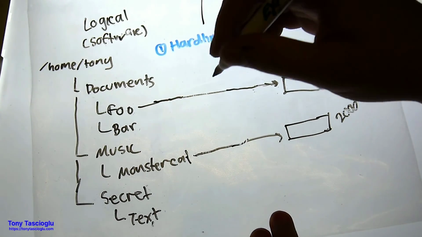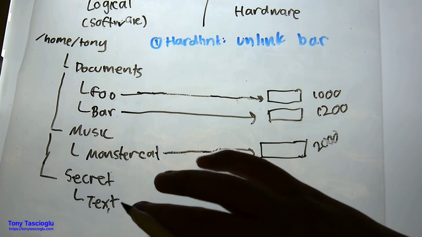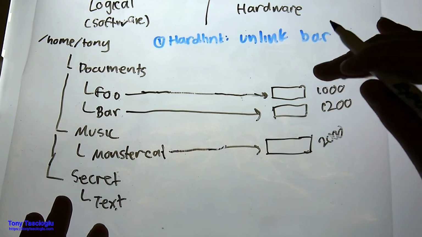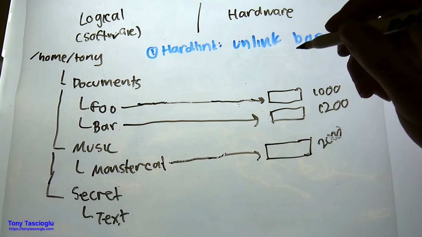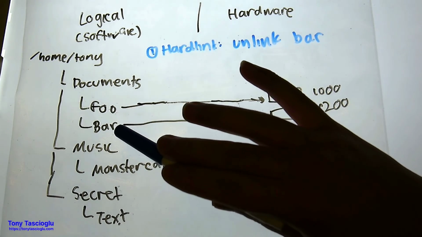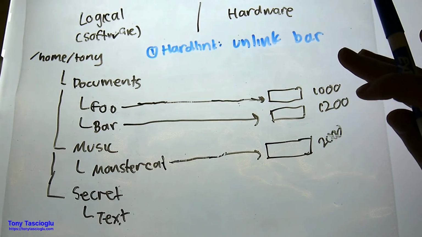Let's talk about why. I want my text folder here to point to this. Well, the way hard links work is it takes the logical file and makes it point to the same block in hardware.